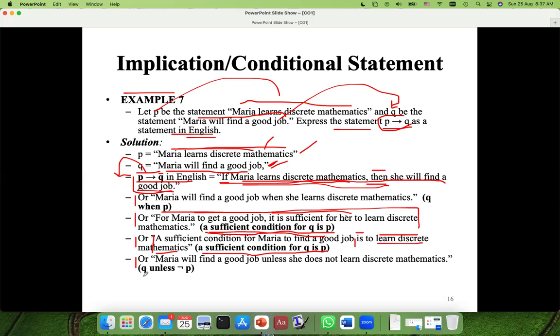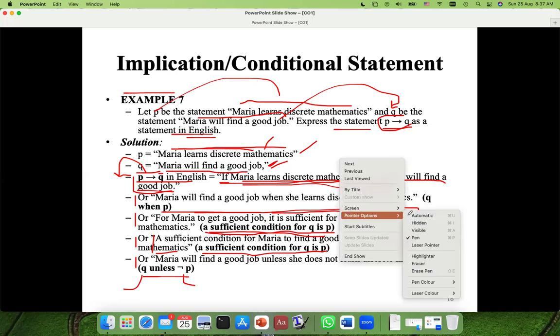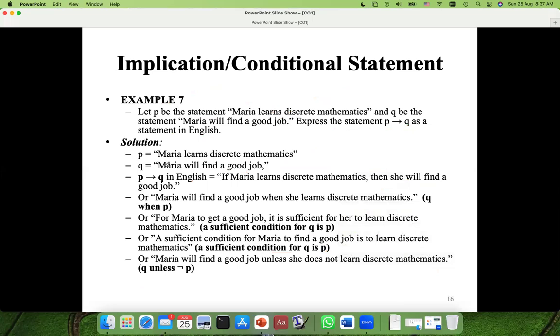And now for this one, Q unless negation P. Q here first, unless, and then we will use the negative sentence of that P. So what is Q? This is my Q. Maria will find a good job.